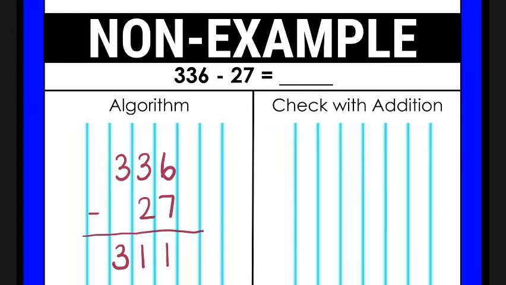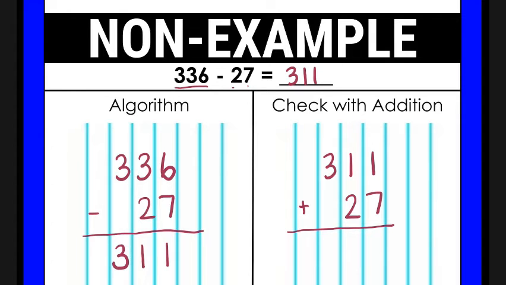So now let's check our answer with addition. So let's start with my answer. My answer was 311. I'm going to add that to the other part, which was our 27. And if I solved it correctly, I should get my answer of 336. So let's check.